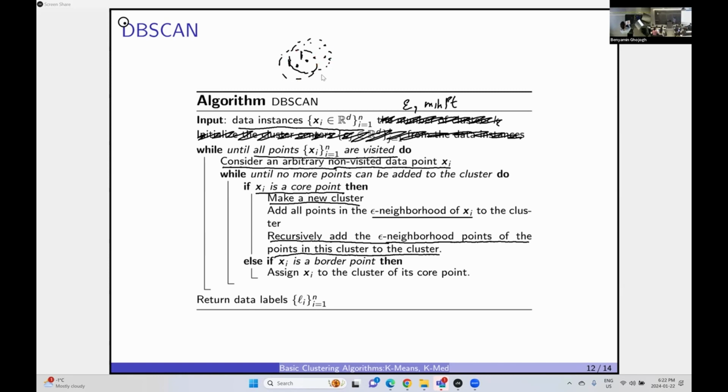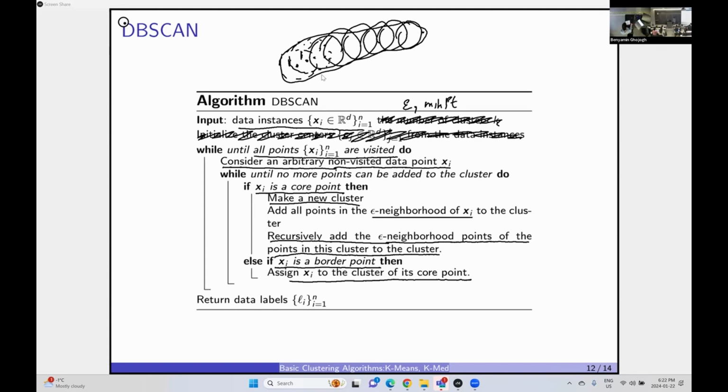I continue this recursion until it becomes a border point. If it is a border point, then assign xi to the cluster of these core points.